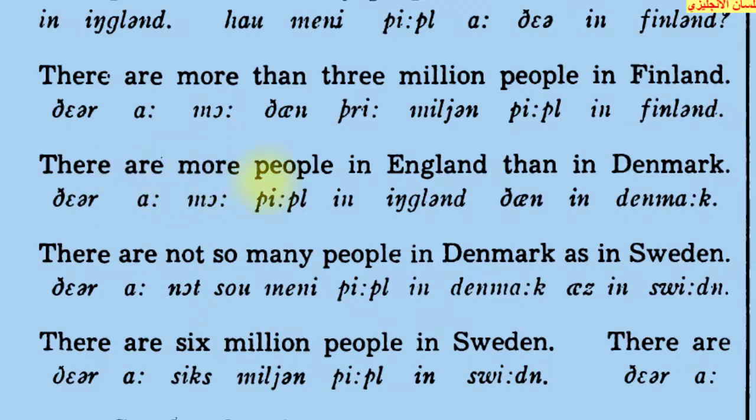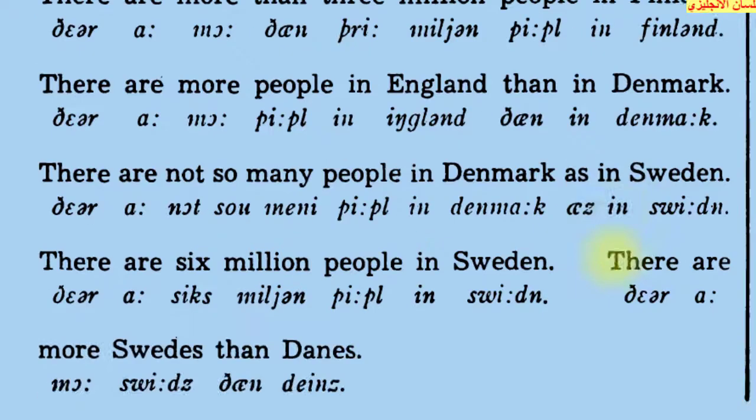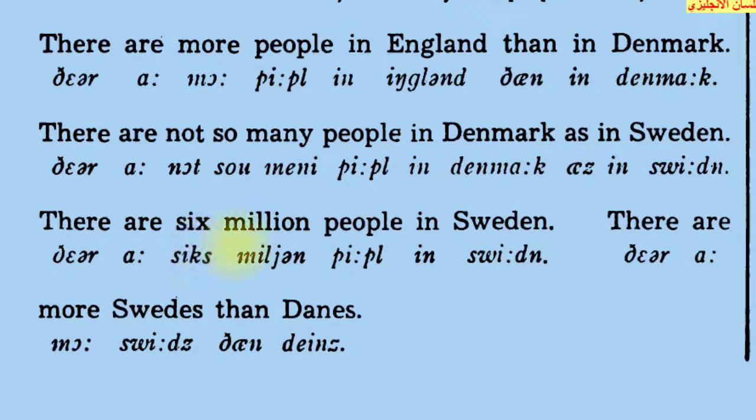There are more people in England than in Denmark. There are not so many people in Denmark as in Sweden. There are 6 million people in Sweden. There are more Swedes than Danes.